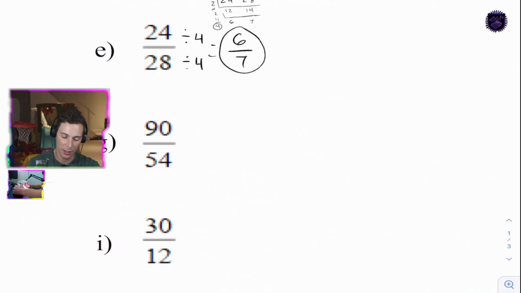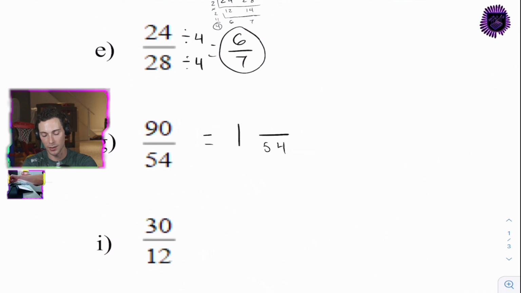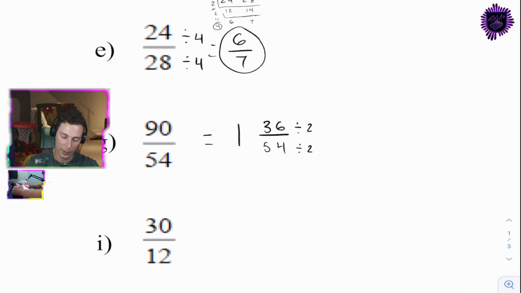So this is going to be equal to 1 and something over 54. And that something is going to be 90 minus 54. So 90 minus 4 is going to be 86. 86 minus 50 is going to be 36. 36 over 54. Now, can we simplify this? They're definitely both divisible by 2.